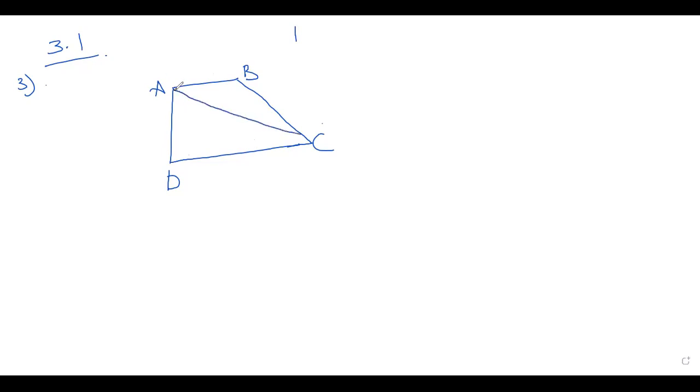diagonal here. Okay, children. Now, in the figure, we had two triangles here. Which are the two triangles? That is triangle ABC and triangle ACD. There are two triangles in the figure. So we know that the sum of interior angles of a triangle is 180, right?